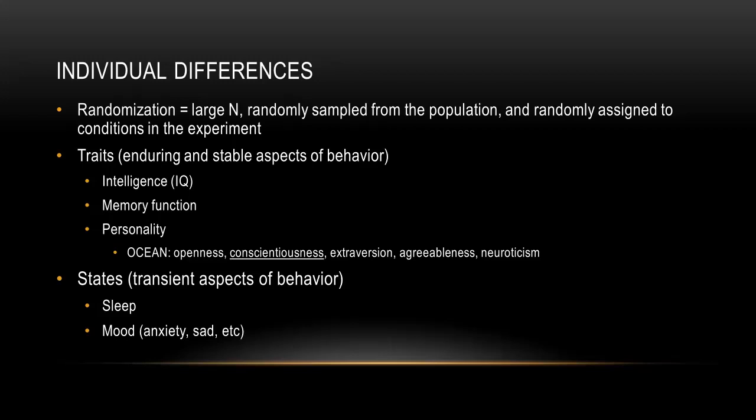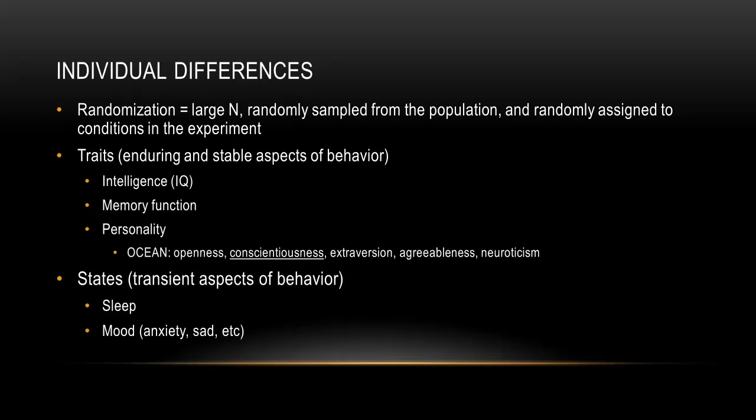So one of the things that we have to do in order to deal with this, one thing that we could of course do is measure these things. I could give people IQ tests, and I could give people personality tests, and I could include in my questionnaire of demographic stuff at the beginning, how much sleep did you get the night before, and what is your mood today, and all this kind of stuff.